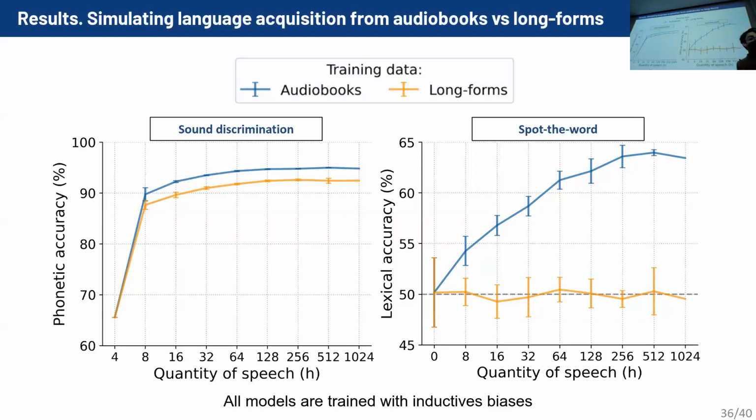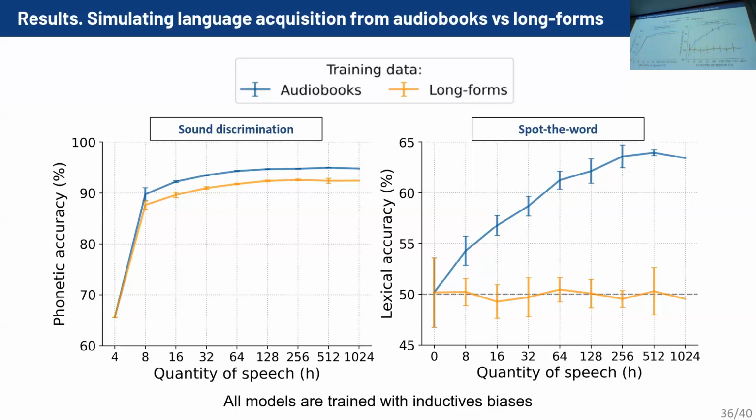Okay. But I mean, you're right. This is read speech. This is not spontaneous speech, which is another important difference between audiobooks and long forms. Although this is a direction we haven't explored. It's quite hard to study the impact of read speech versus spontaneous speech on the learning outcomes of our model, but that would be really interesting.